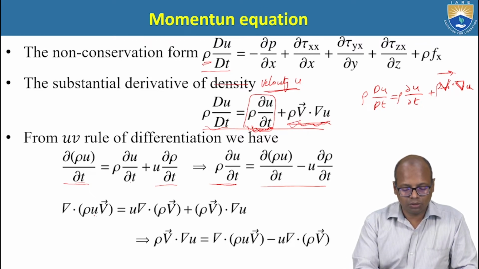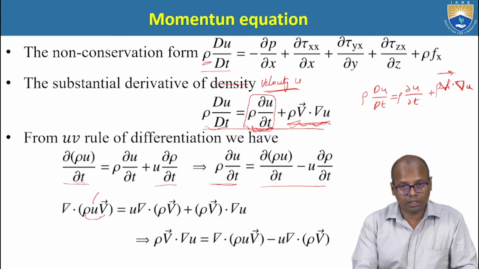If I apply the partial UV rule for this, what will I get? One time I differentiate and multiply with u. That is what I have done here: u into ∇ · (ρV̄).